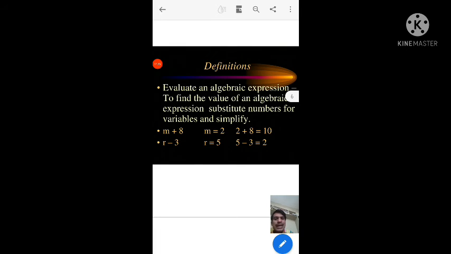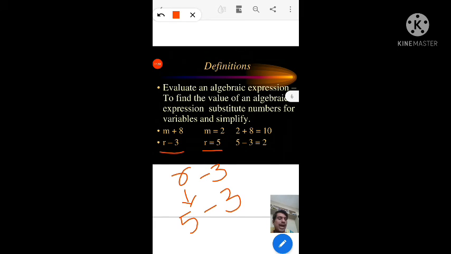Next, coming to the second one, r minus 3. R minus 3 is an expression, and if I want to write r is 5, that means I want to substitute the r value as 5. So replace this r by 5, then put the minus sign as it is, and the constant value 3 is also as it is.